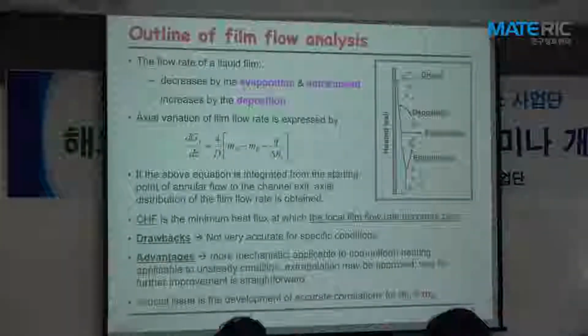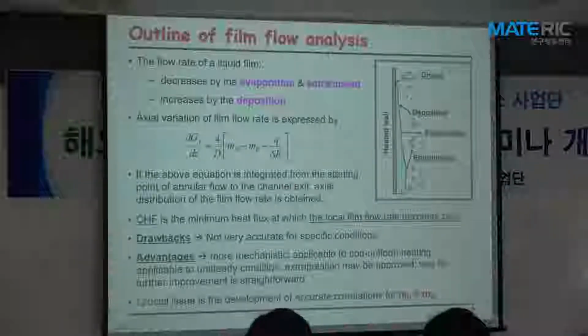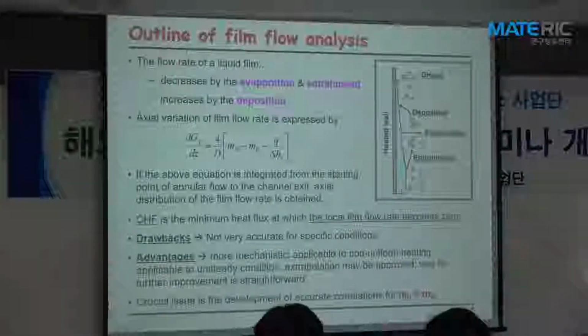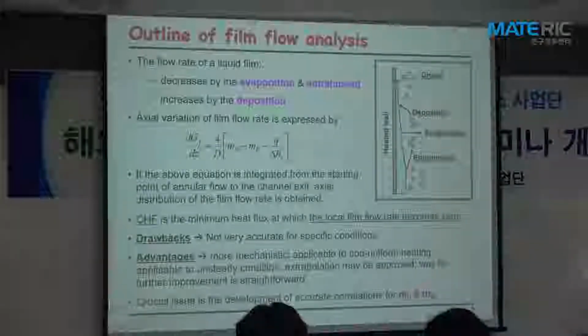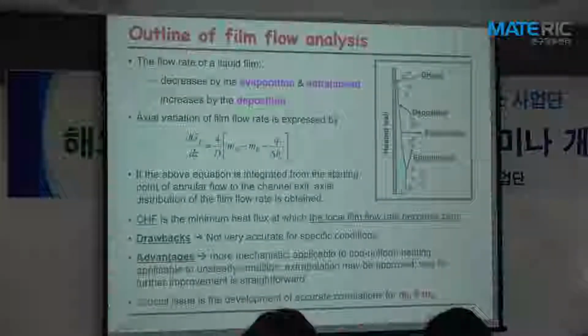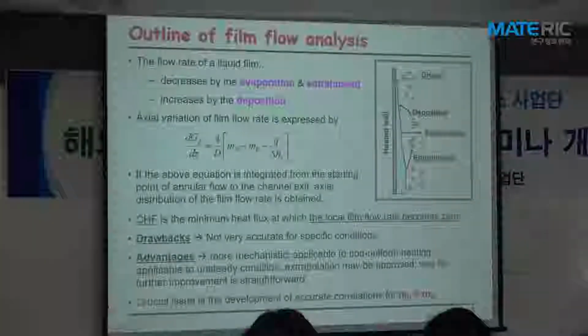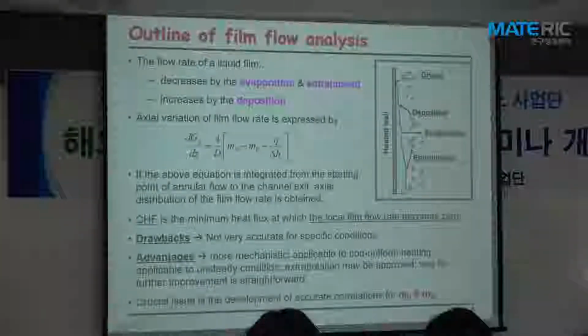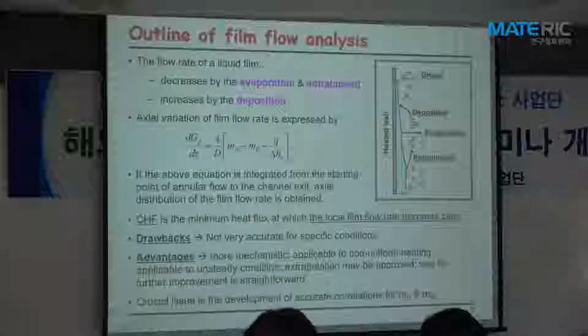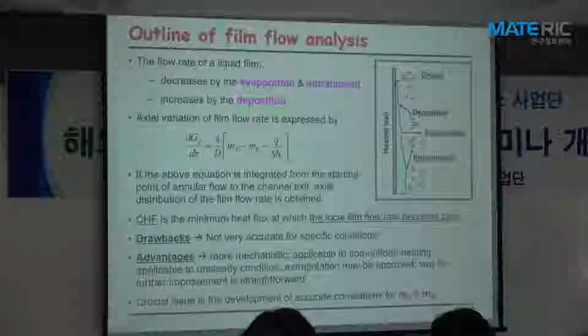In the calculation, the film flow rate is calculated from the starting point of annular flow. After that, some droplets are deposited and some are entrained, and the actual change of the film flow rate can be calculated. In the film flow analysis, critical heat flux is usually defined as the minimum heat flux at which the local film flow rate becomes 0, like this.